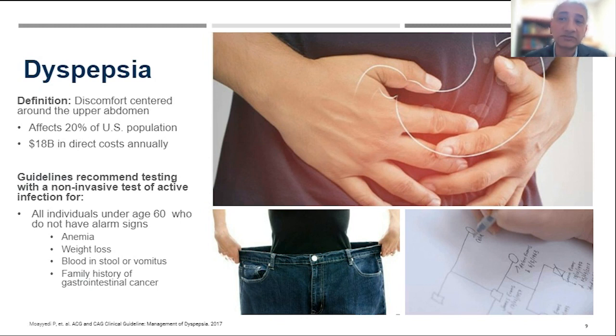So if these risk factors are present, then endoscopy should be pursued. Similarly, if symptoms occur in individuals who are older than age 60, endoscopy should be pursued. But if you look at people who are evaluated for dyspepsia, the overwhelming majority tend to be individuals who are younger than age 60 and who do not have alarm signs. So for most people with dyspepsia, the test of choice, the first test would be a non-invasive test of active infection.